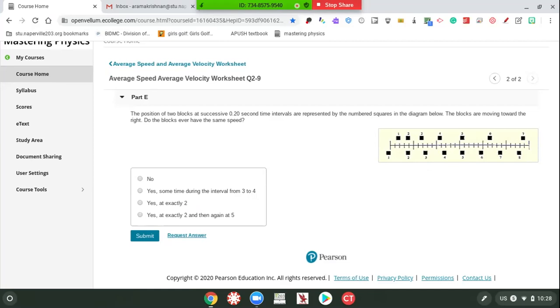No, they don't have the same speed. See this second one, it's traveling equal distance in each 0.2 second interval. But the first one, the distance traveled in 0.2 intervals keeps on increasing. So here the velocity is increasing, and here the velocity is constant.